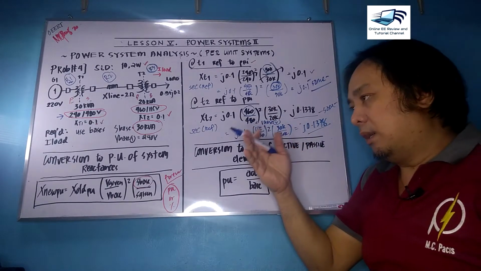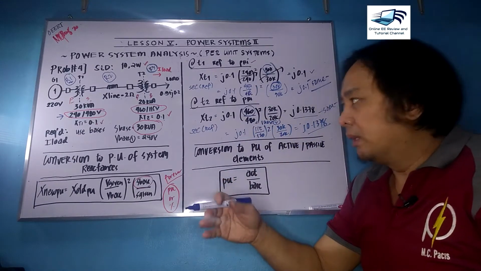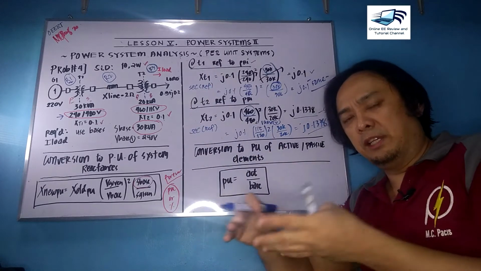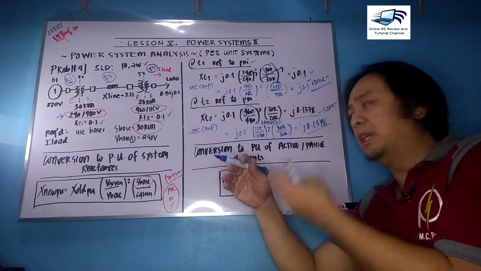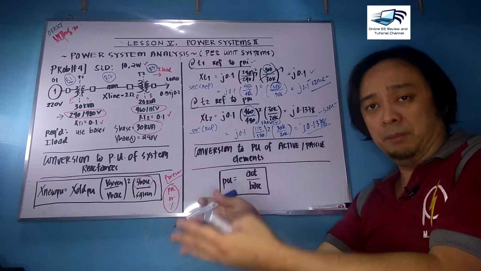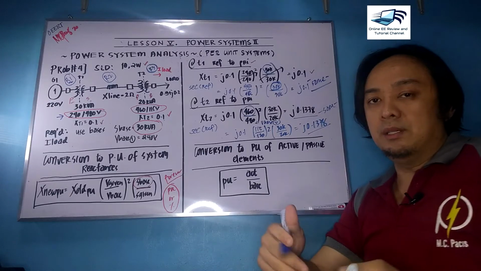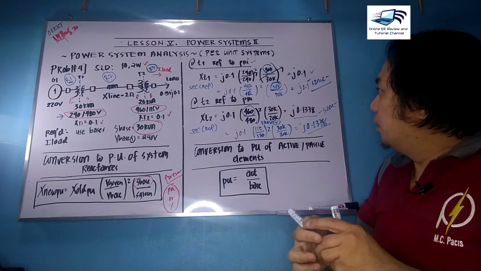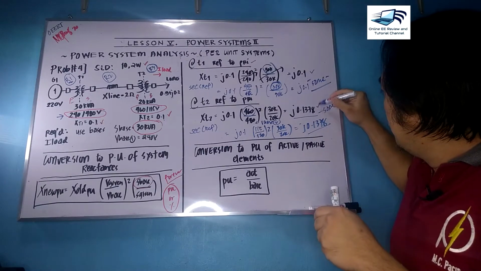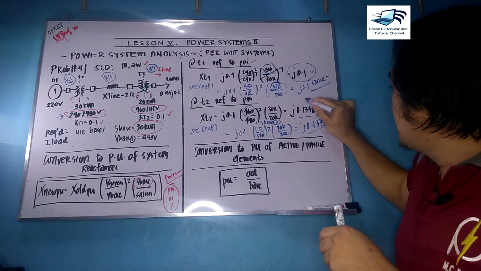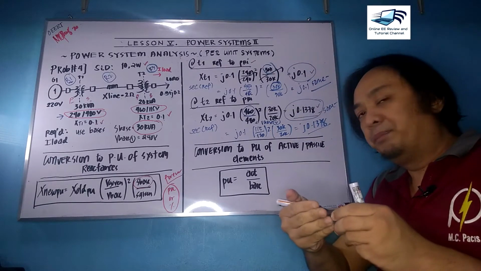So again, in conclusion, whatever your reference, it can be left or right, primary, secondary, the answer is still the same in terms of ideal transformer in per unit analysis. Okay, so we already have these values here, which we will make use of on the next slide.